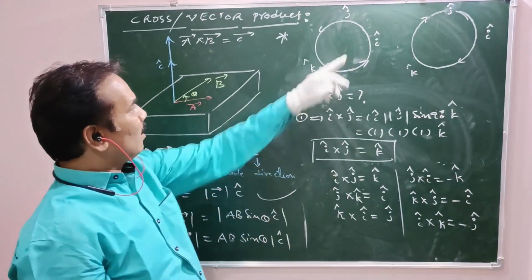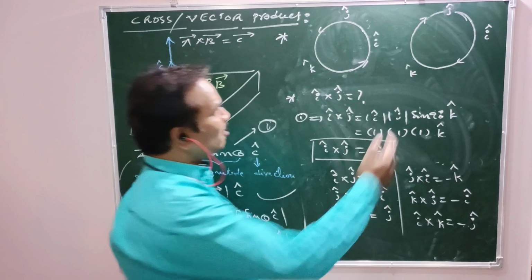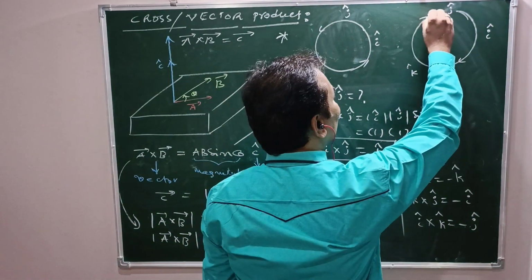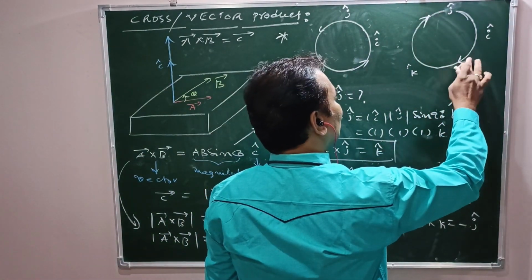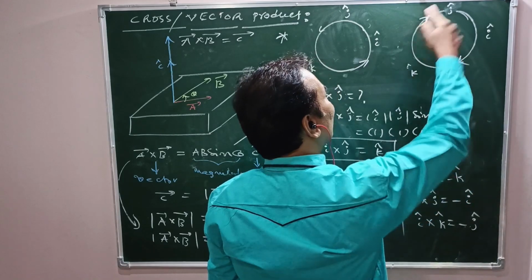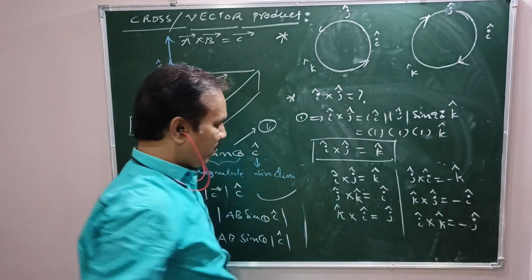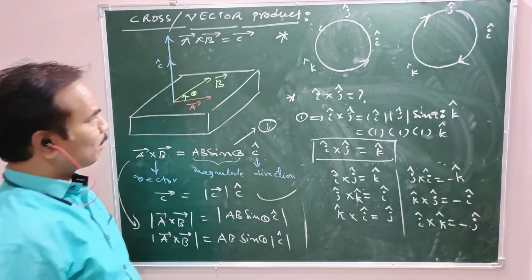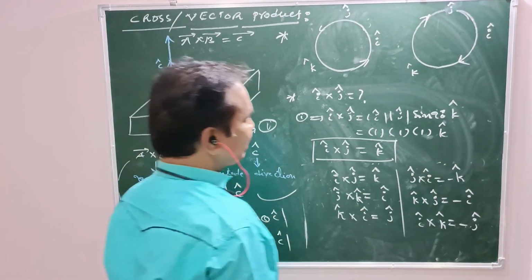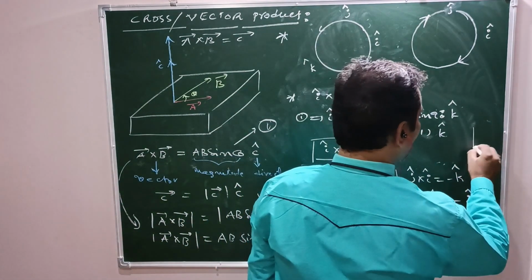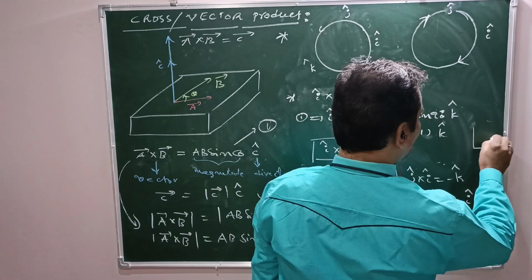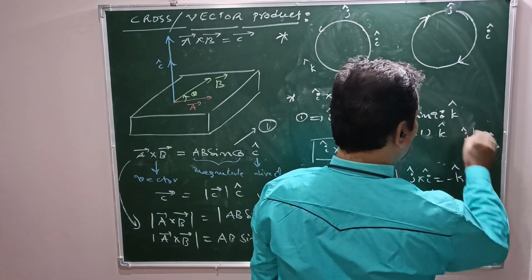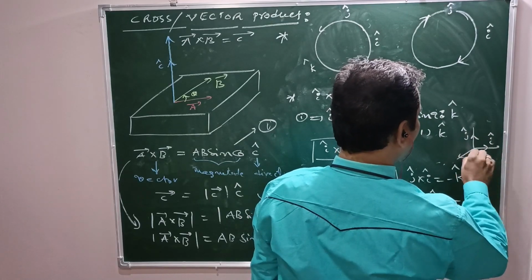Alright, i j k, here also i j k, but see the sense of rotation, here clockwise, here it is anti-clockwise. Now let us see, this is what i cap, this is what j cap, this is what k cap.